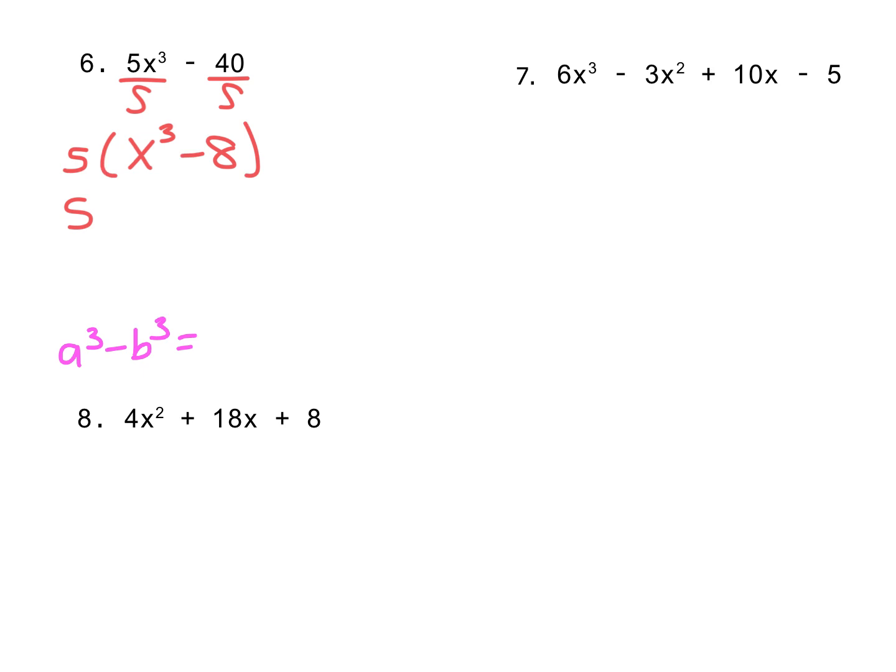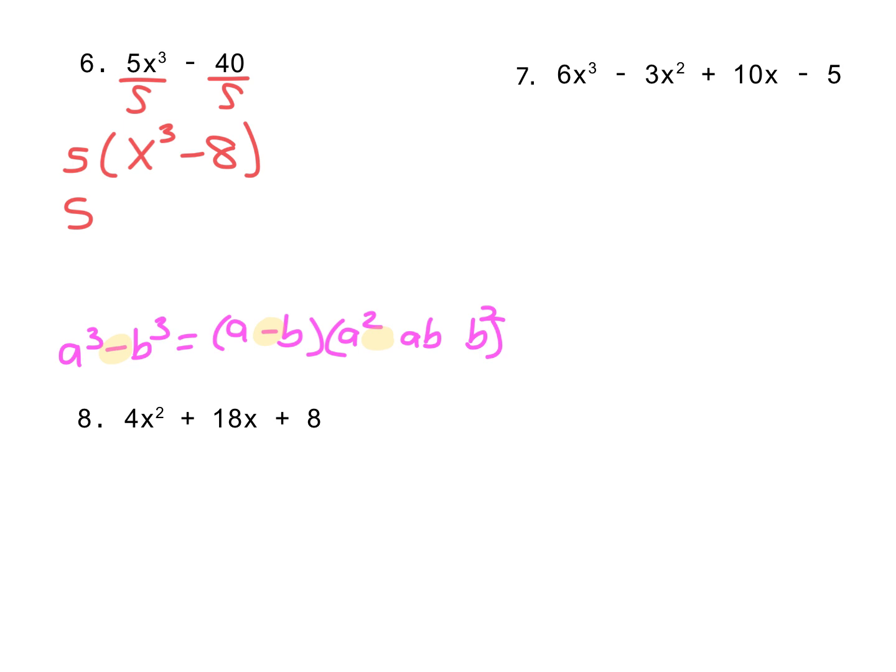So if I have a difference of 2 things that are both perfect cubes, then to factor, there's a binomial times a trinomial. The binomial is going to be a minus b. The trinomial is going to be a squared, ab in the middle, and b squared at the end. To figure out the signs, the first one in the binomial is always the same as what you started with.